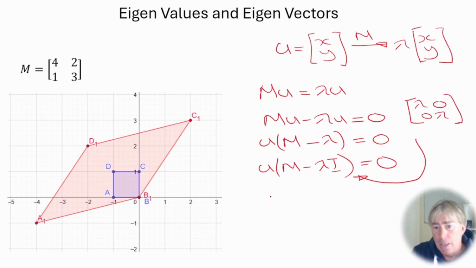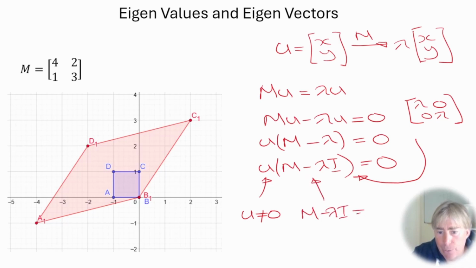Now what we're looking for is a solution to this for non-zero values of u. So we don't want u to be 0, because otherwise it's completely ineffective and we don't actually find the eigenvector that we want. So we're looking for the solution for M minus lambda I times u equals 0.